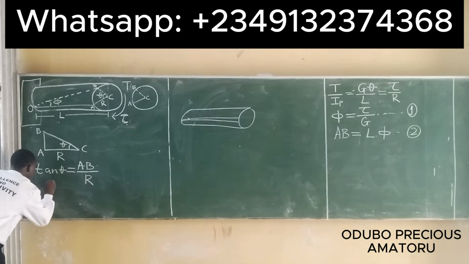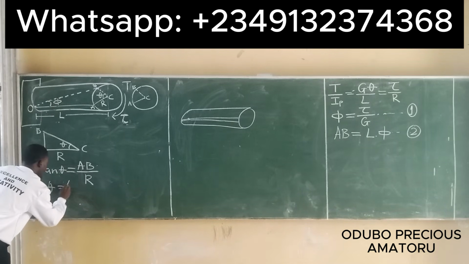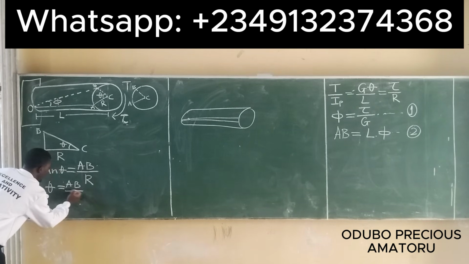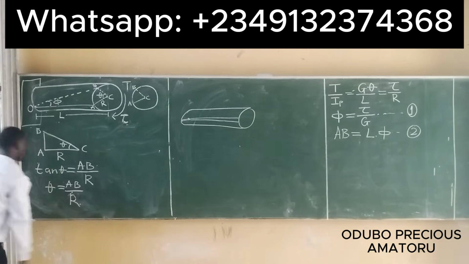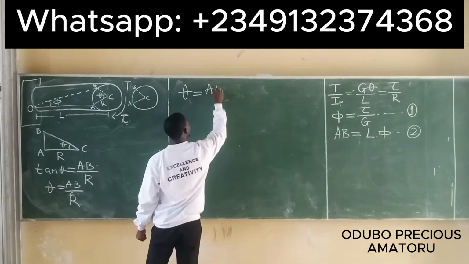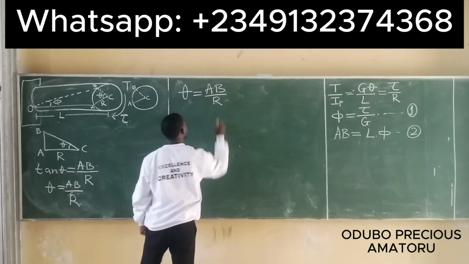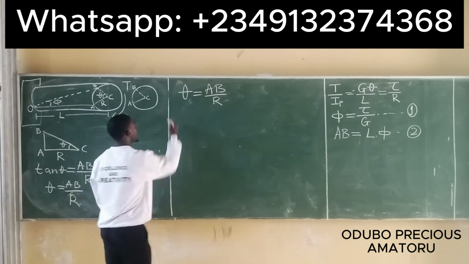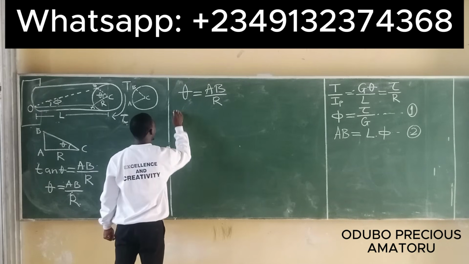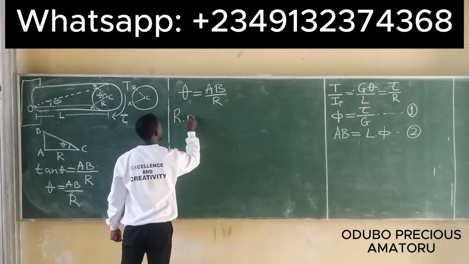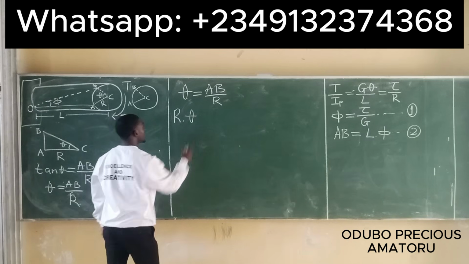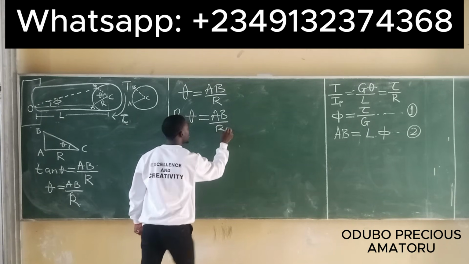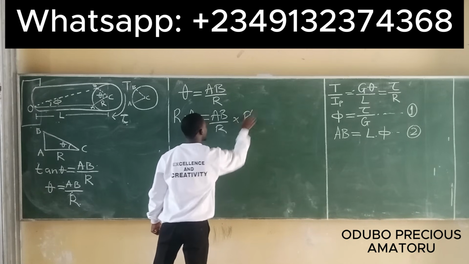So we have that theta is equal to AB all over R. From this we can make AB the subject of the equation by multiplying both sides by R. If we multiply both sides by R, theta multiplied by R is equal to AB all over R multiplied by R. This will cancel this.